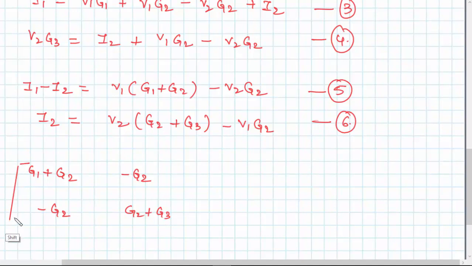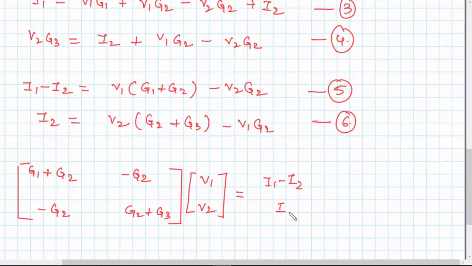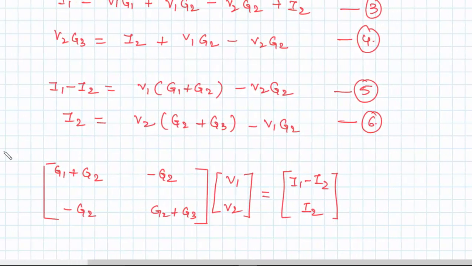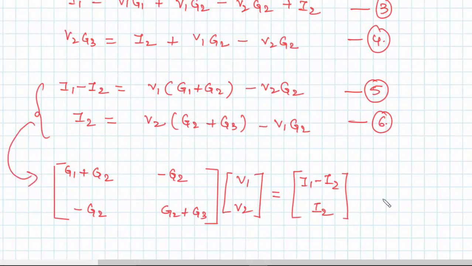So this is the first matrix, and here I'll write V1, V2, and then we have I1 minus I2, and in the second row we have I2. Alright, so this is a matrix notation of both of these equations. We can solve these equations using various methods like substitution, elimination, or we can solve these matrices using Cramer's rule. That's all for this lecture.